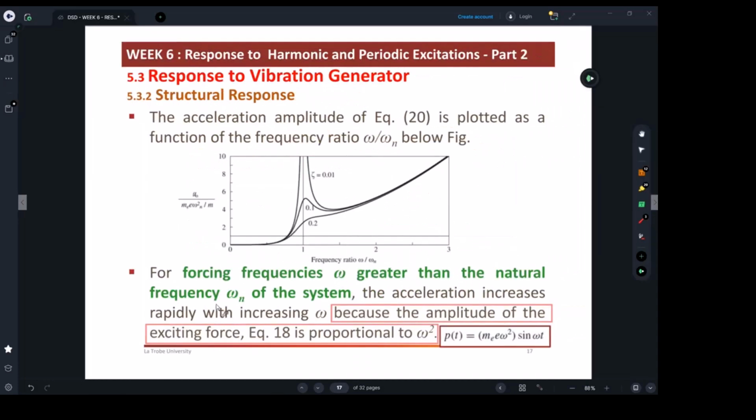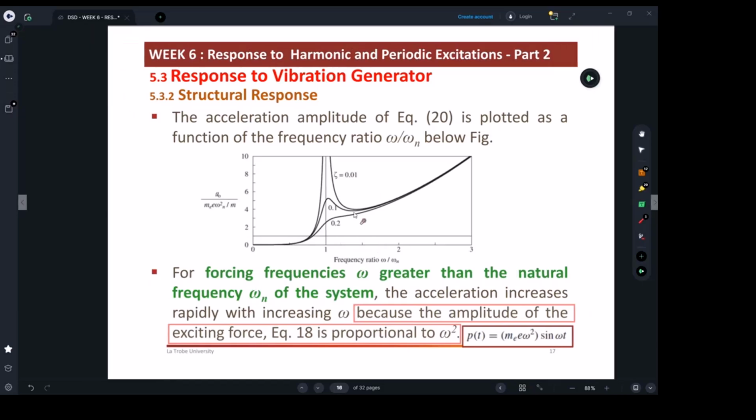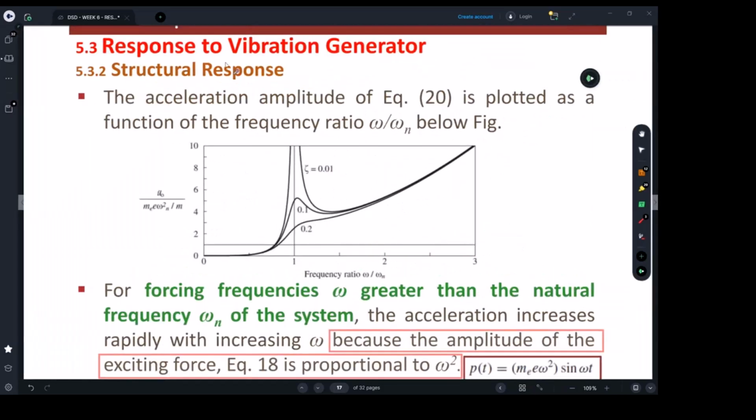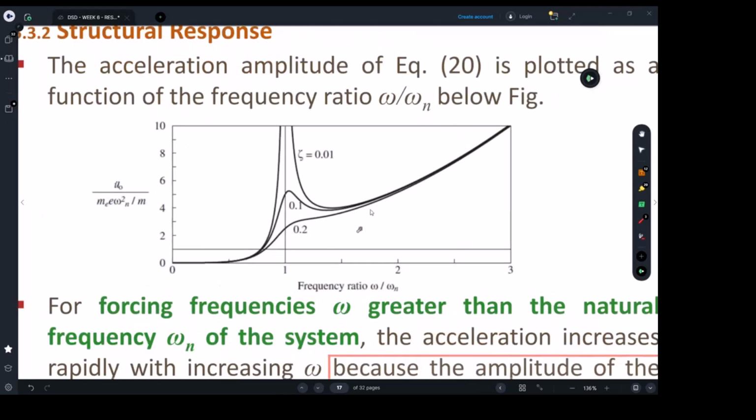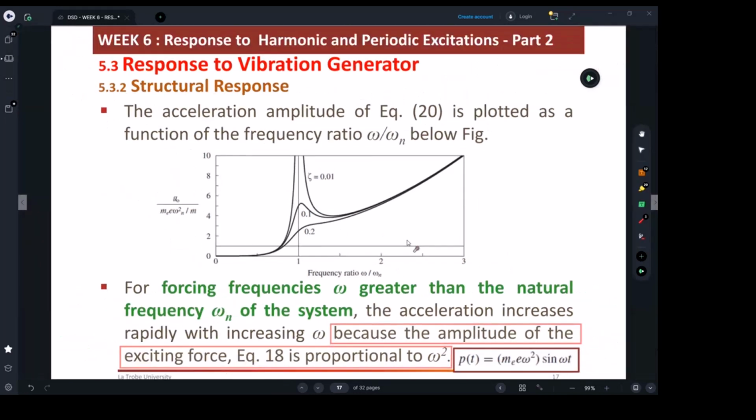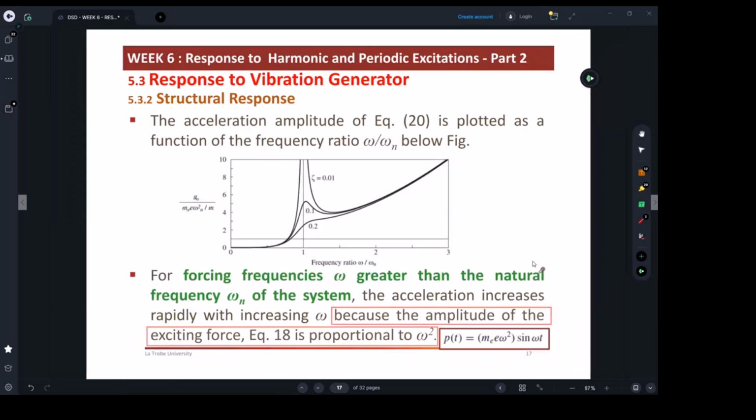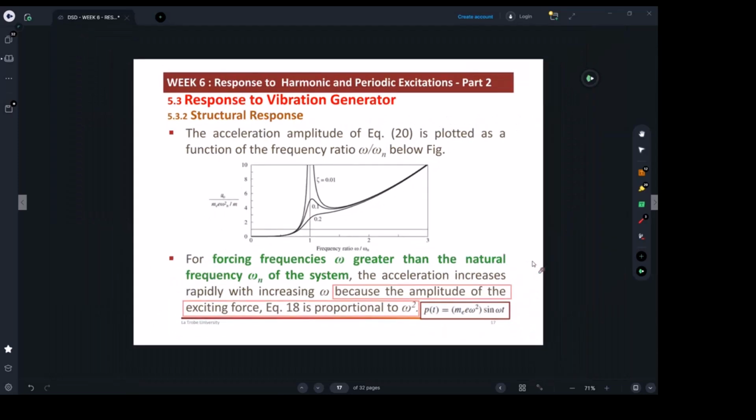Now, one of the interesting things you may need to know about the vibration generator: when they plotted the frequency ratio function, which I've been talking about from the start and last week, they found something different from what we found from normal harmonic motion.